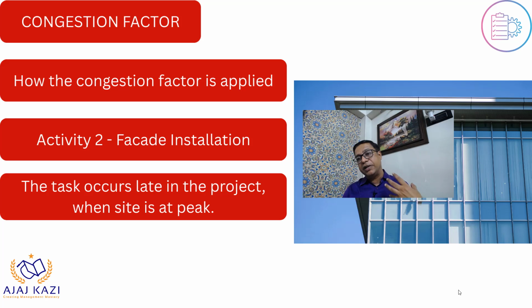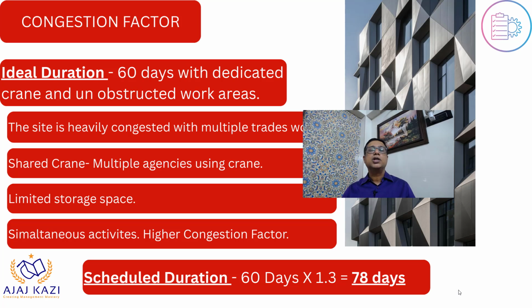Now let us look at activity 2. Activity 2 is related to facade installation. This occurs a little late in the project, when the site is at peak, and this also has a lot of impact on the people who are working inside. This facade work has an ideal duration of 60 days with a dedicated crane and unobstructed work areas.